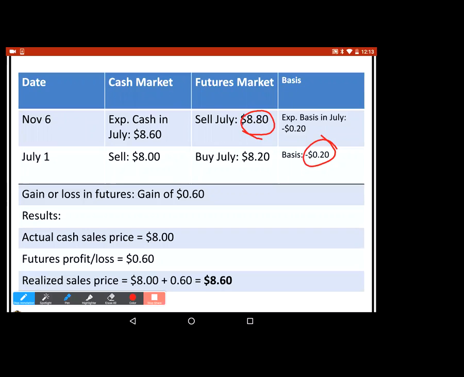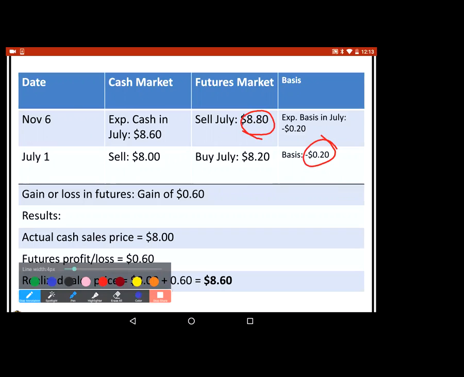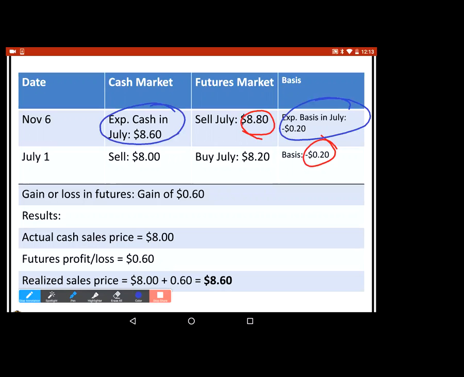I've ignored, let's see, might as well just go with a different color. There we go. So I've ignored this one and this one here. I've ignored those because we'll bring it in later, but I think it maybe makes it a little more confusing at this point. But just real briefly, we can come up with our expected cash price in July by looking at what the futures price is and adding to that our expected basis.